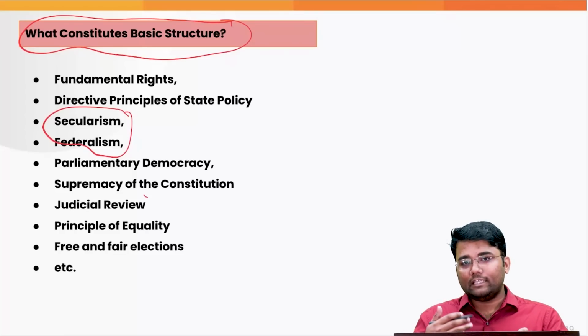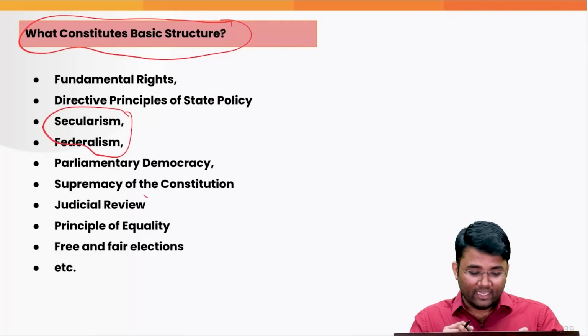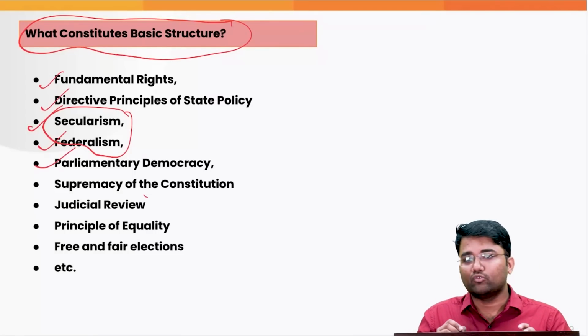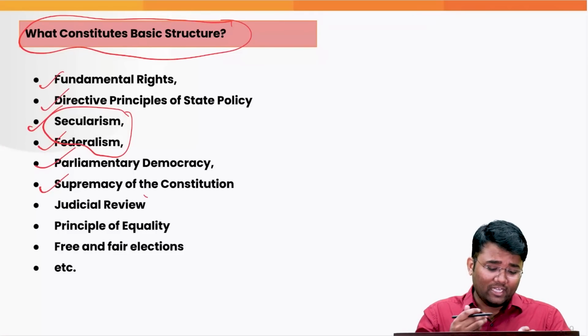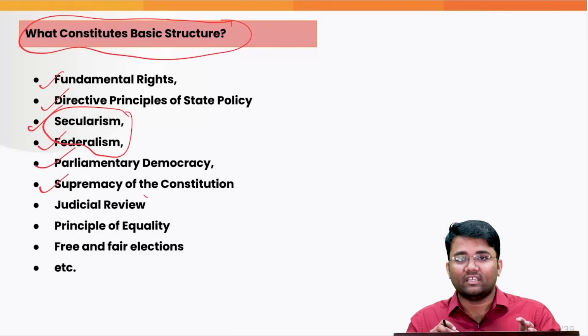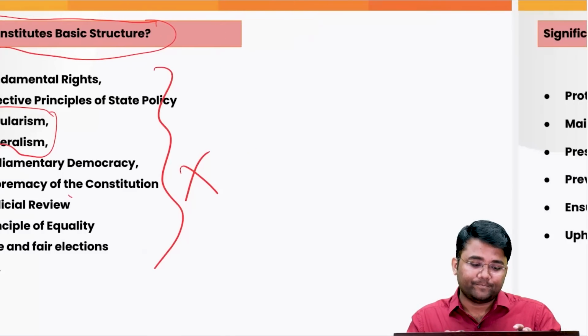So through various case laws, the Supreme Court has time and again told what constitutes the basic structure. Fundamental rights, the DPSP, secularism, federalism, parliamentary democracy, supremacy of the constitution, judicial review, principle of equality, free and fair elections, etc. are part of our basic structure. They cannot be infringed, they cannot be violated.